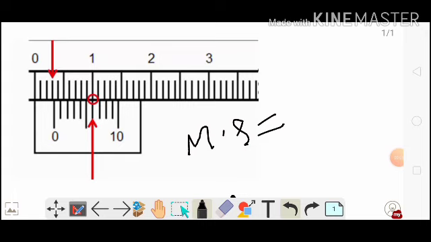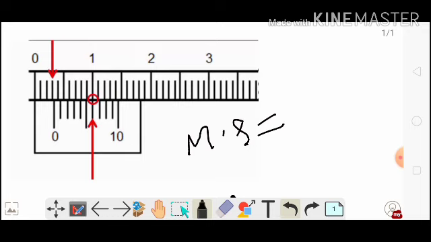How will you find out the length or the diameter of the object that will be given to you? First you have to fix the object between the two jaws, the fixed one and the movable one, and observe the scale very carefully. First observe very carefully which mark on the main scale coincides with or crosses the zero mark of the vernier scale.